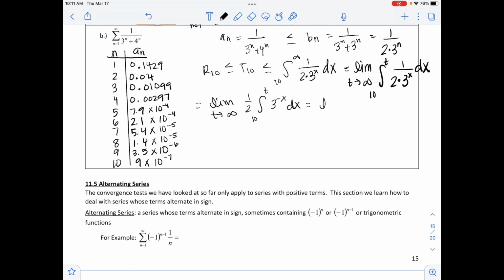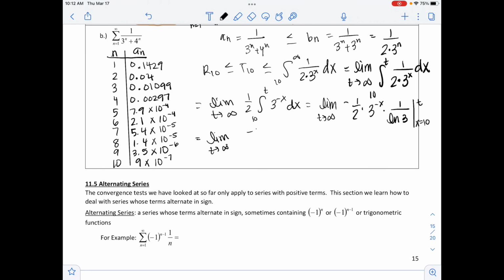And so we have the limit as t approaches infinity of, and with integrating this, we end up with 1/2 times 3 to the negative x times 1 over ln of 3, and then times the derivative of that exponent, which would be -1. So I'll put that negative out in front. And we're evaluating this from x equals 10 to t. And so from here, we have the limit as t approaches infinity of our function. I'm just going to combine that all together a little bit more.